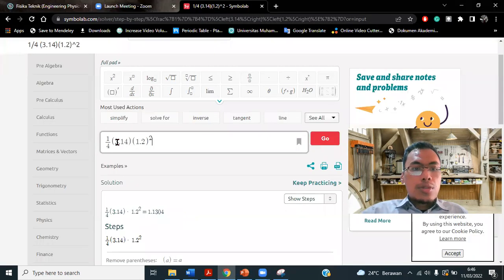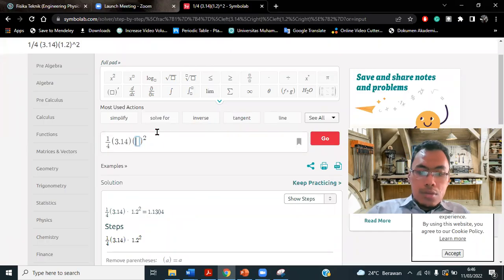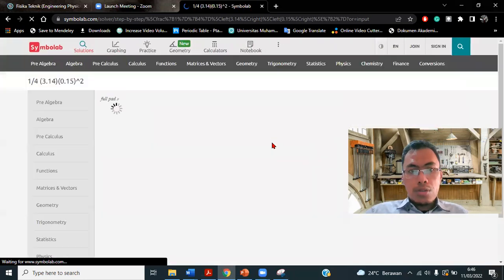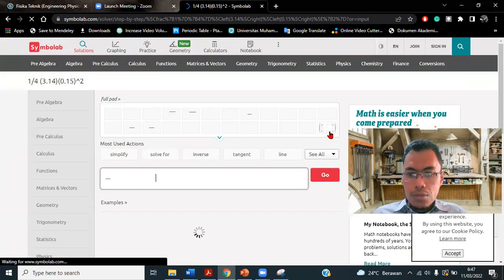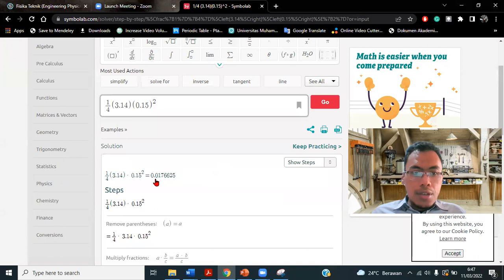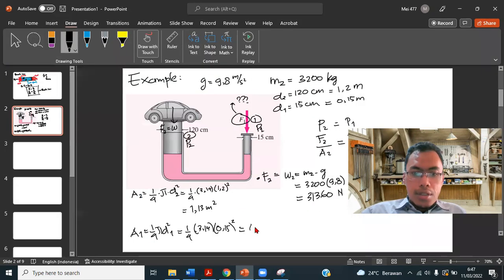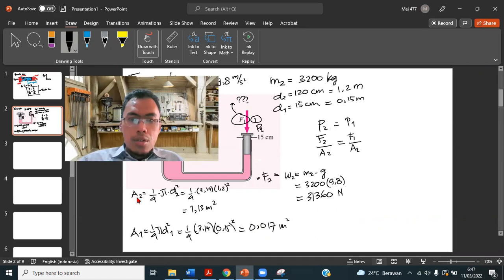Okay, 1/4, 0.15, let's find the solution: 0.017 meter square. So we got A2 and also A1.